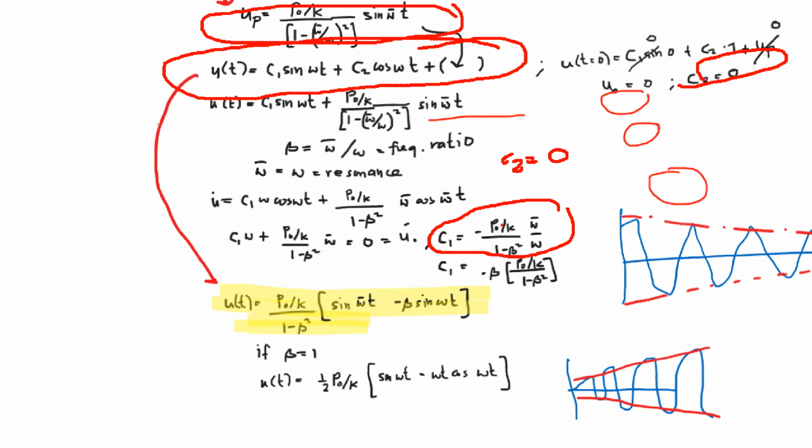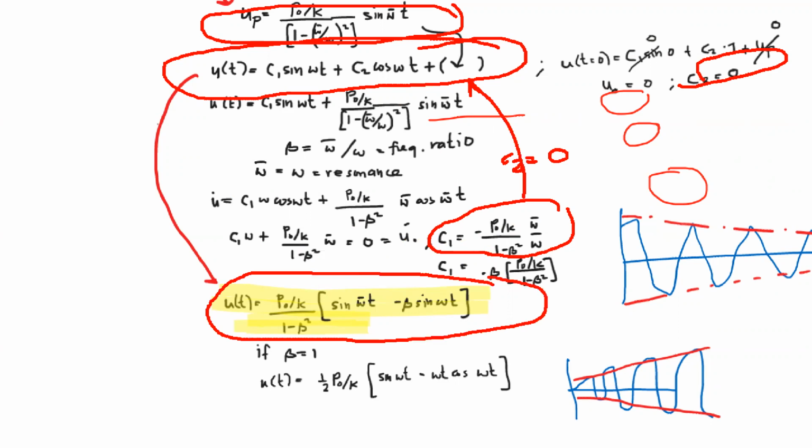Substituting C1 in this assumed solution, the final response u of t, or the response with respect to time, is this, which is again a function of the static deflection, P over K, and the frequency ratio, the omega bar of the applied force and the natural frequency of our system.